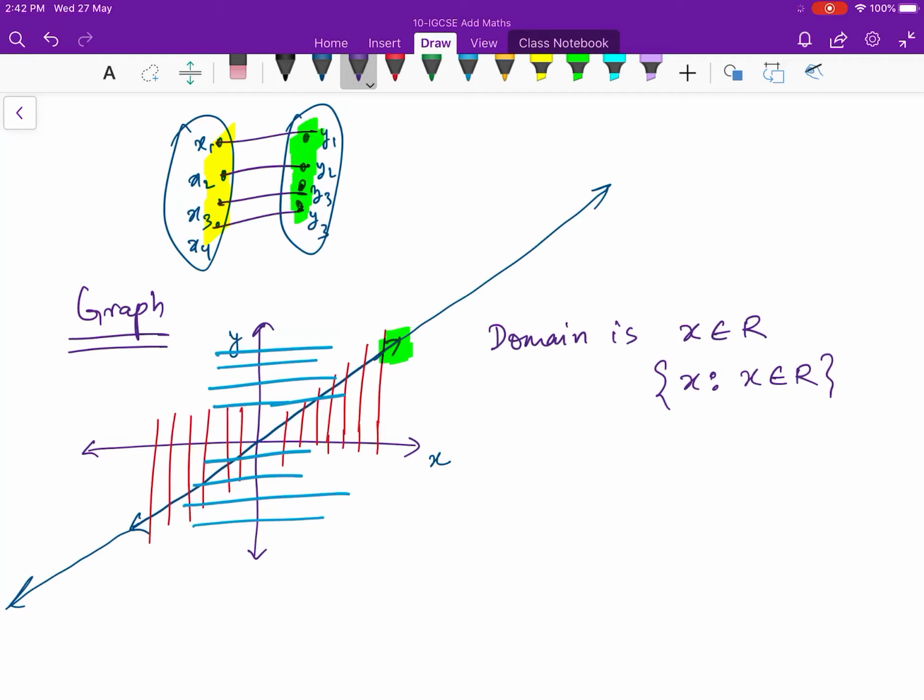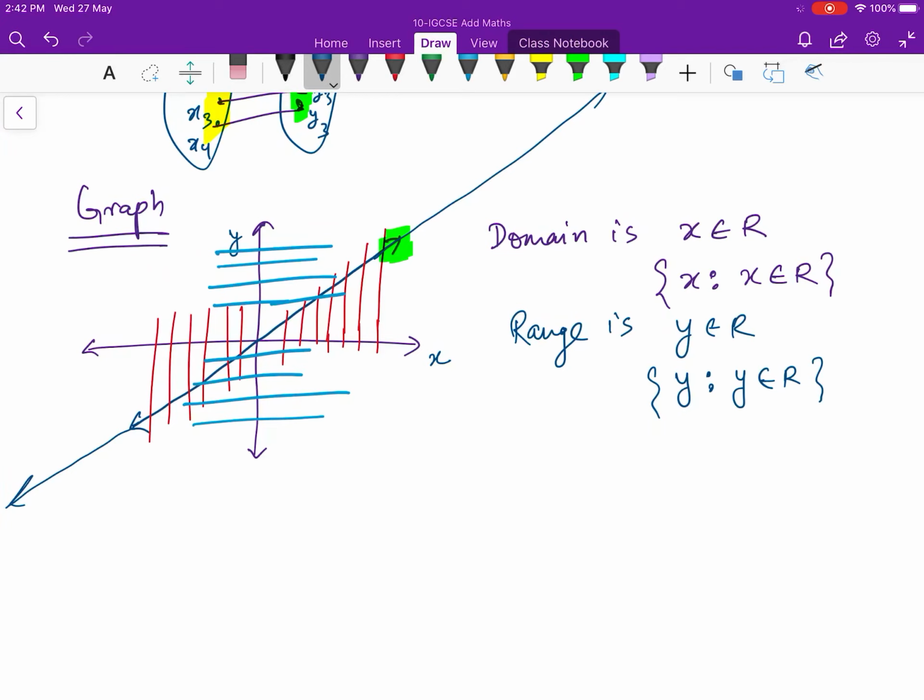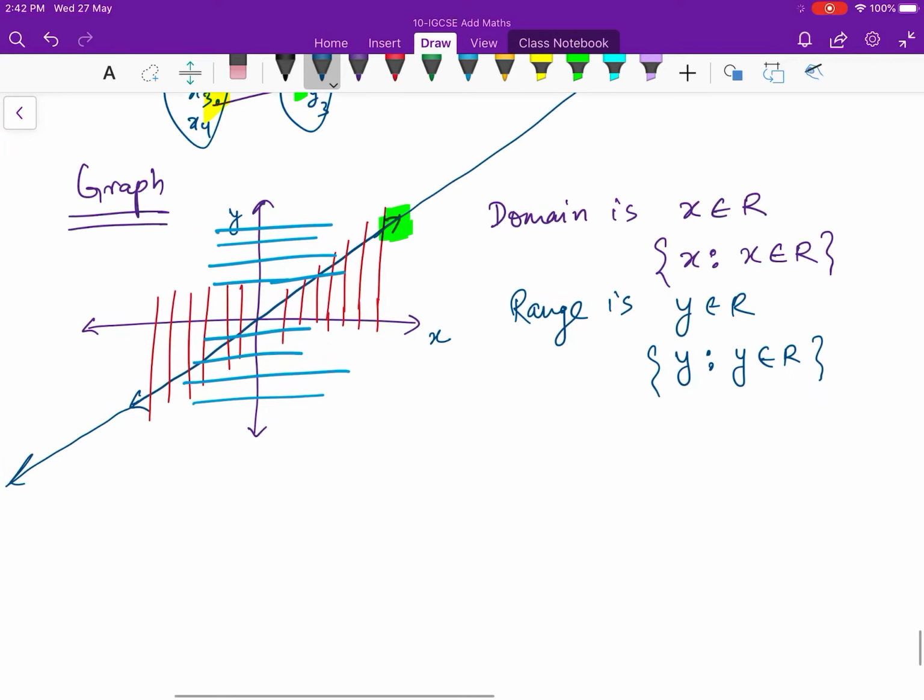And the range is y belongs to R, so y could be anything. For this graph, the domain and range are all the real values of x and y.